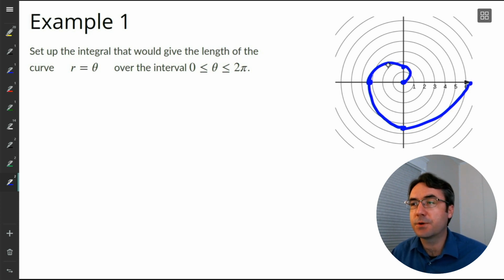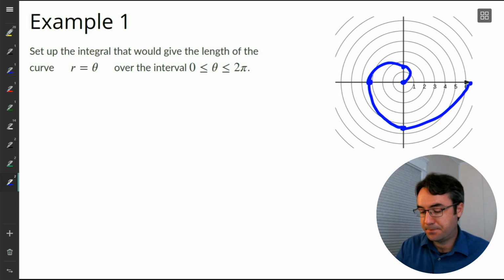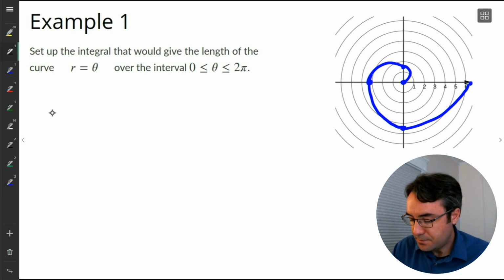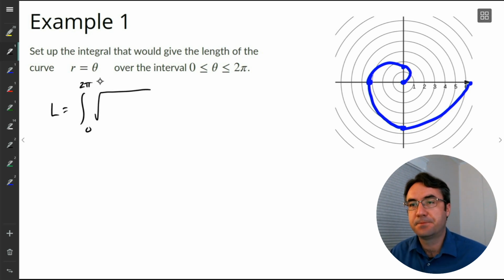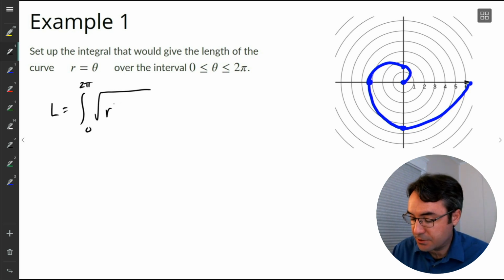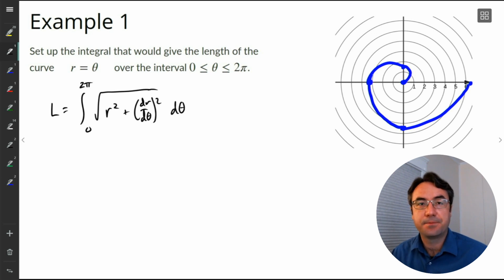And so what we're going to do is set up the integral that gives us this length. So the length is going to be the integral from 0 to 2 pi of the square root. And let's just write in what the formula is. It's r squared plus the derivative of r squared, and we're going to be integrating with respect to theta.